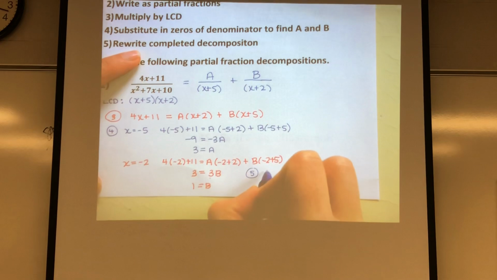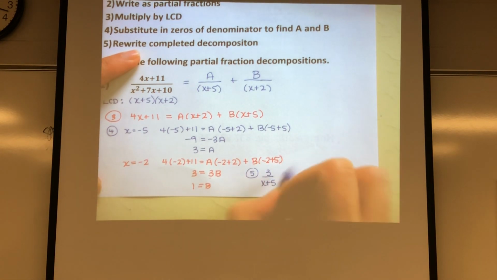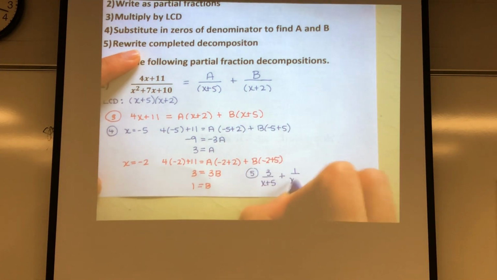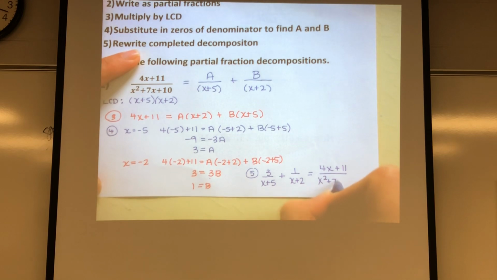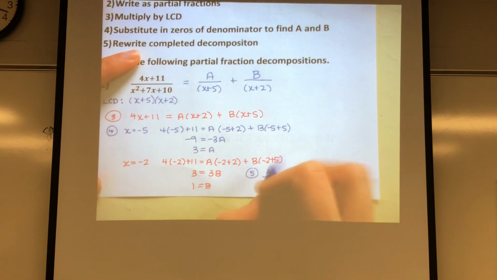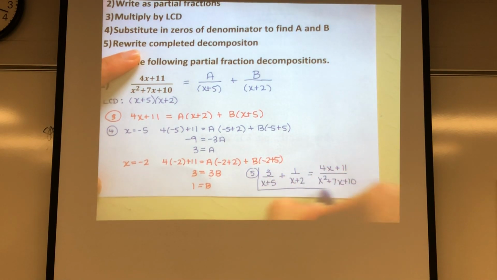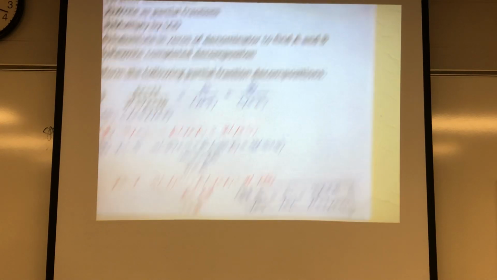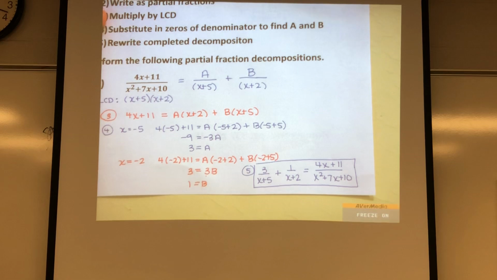So 3 over x plus 5, that was A, plus 1 over x plus 2 equals our original 4x plus 11 over x squared plus 7x plus 10. That is our completed decomposition. All right, let's try that again.